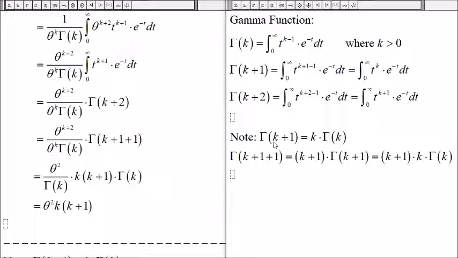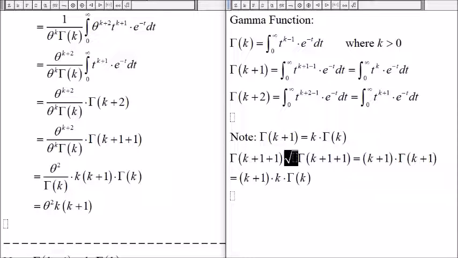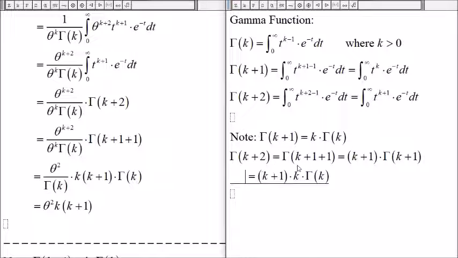Gamma of k plus 1 is k times gamma of k. So we have gamma of k plus 2, and then we can write this as gamma of k plus 1 plus 1. So gamma of k plus 2 is gamma of k plus 1 plus 1.